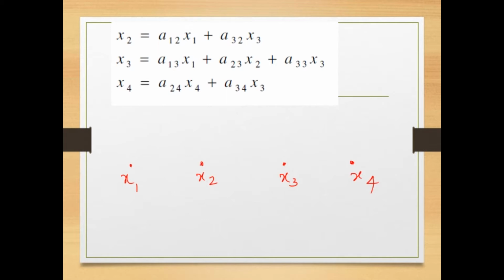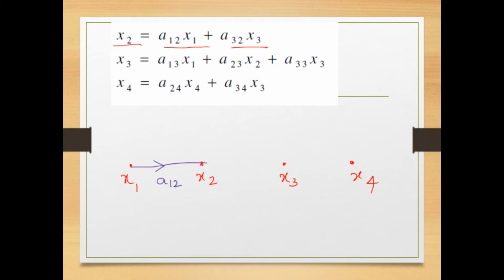So what is the first equation? x2 is equal to a12 x1 plus a32 x3. Now for x2, you have two signals coming, one from x1 and the other from x3. So x2 is equal to a12 into x1.